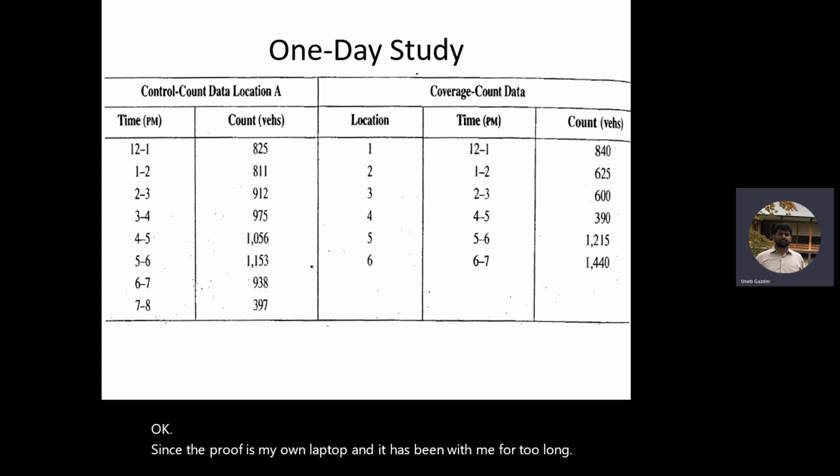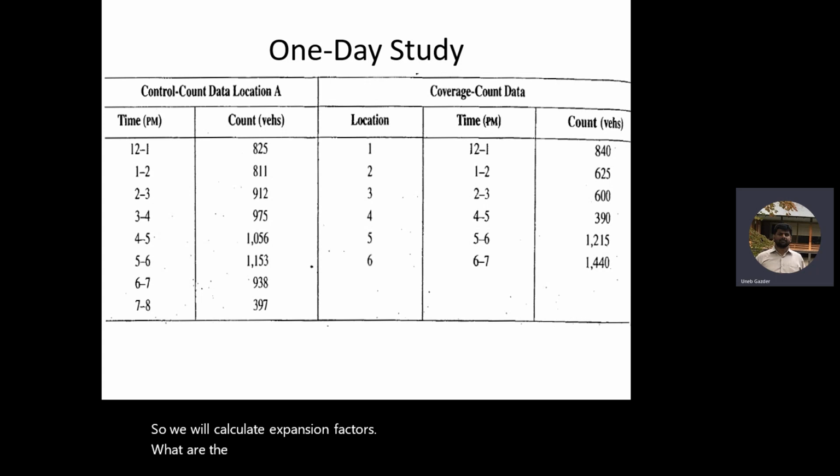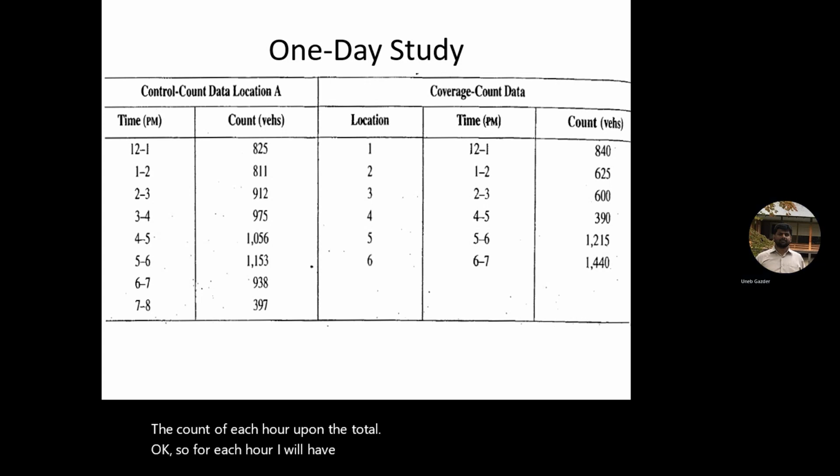Okay. So we will calculate expansion factors. What are expansion factors? The count of each hour upon the total. Okay, so for each hour I will have expansion factor.